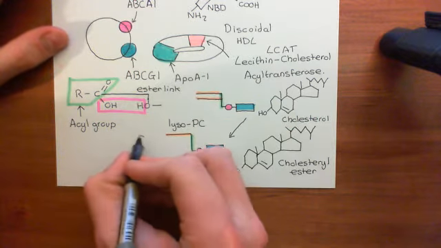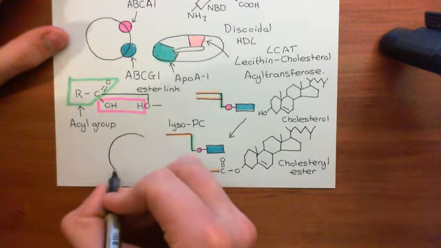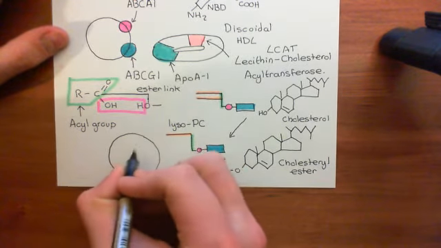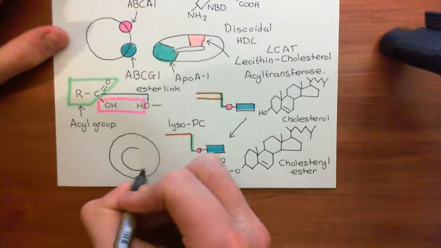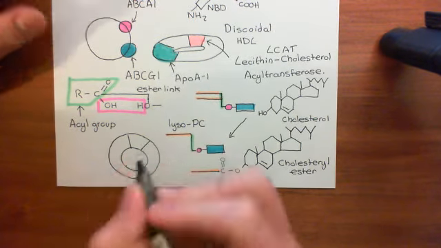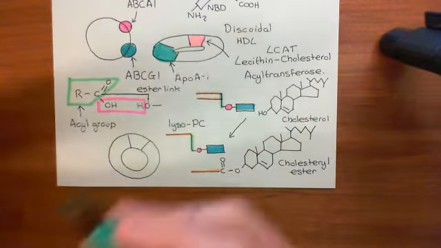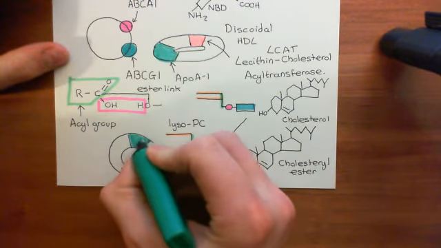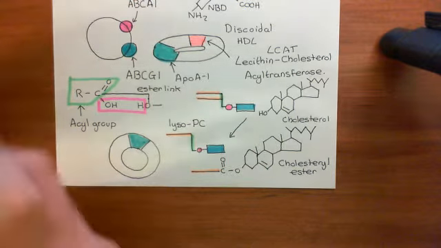So what's going to gradually happen to our HDL molecule is that it's going to go from being discoidal in shape to being spherical, and now it looks more like the thing that we actually described right at the start when we were just discussing the core structure of an HDL molecule. Okay, so here is our apolipoprotein A1.